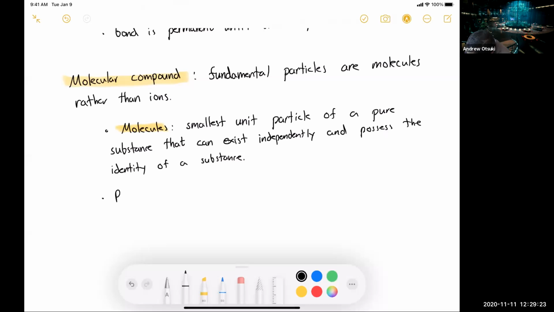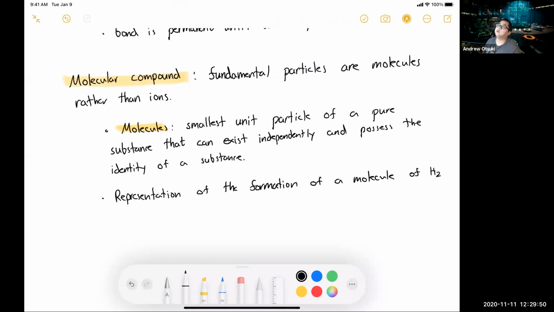So here is a representation of the formation of a molecule of H2. This is hydrogen gas.